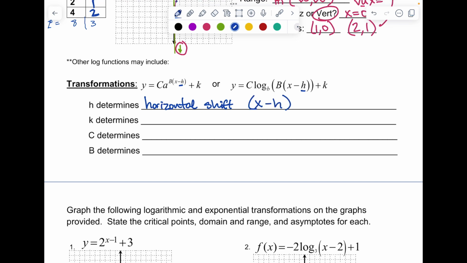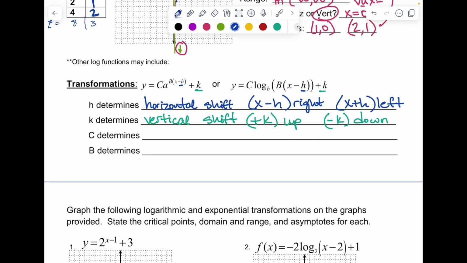So when it's minus an h, that's going to move us to the right. And when it's plus h, that would move us to the left. That is the opposite of what you would expect. K determines our vertical shifts. It does exactly what you would expect. If it's plus k, that's up, and if it's minus k, that's down.